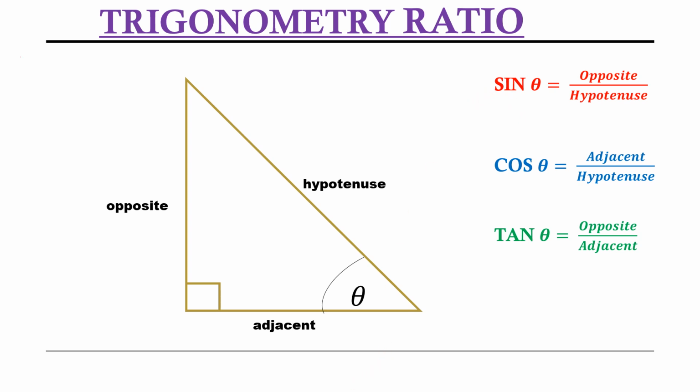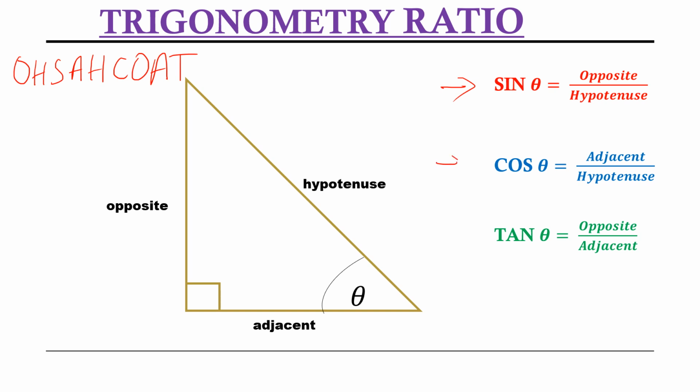It is SOH CAH TOA. Now this is pronounced various ways, but I look at it as SOH CAH TOA. So the sine rule states sine theta is opposite over the hypotenuse.